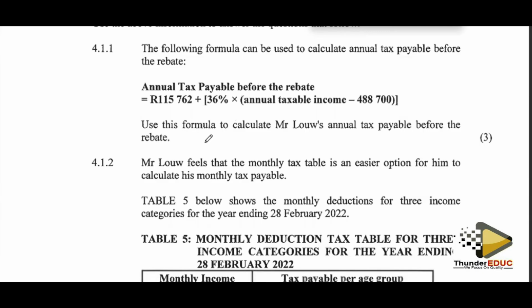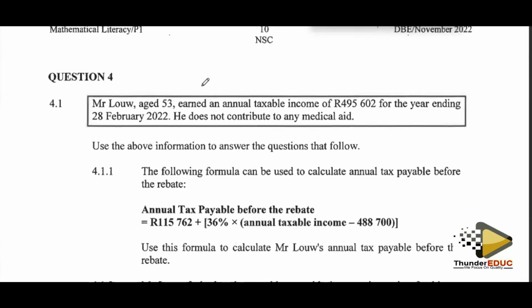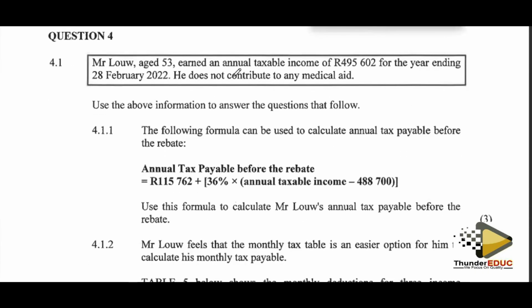All right, we come to question number 4 now. It's about taxation. I look at age and annual taxable income, so what comes in my head is taxation. This is for the year end of 28 Feb 2022.